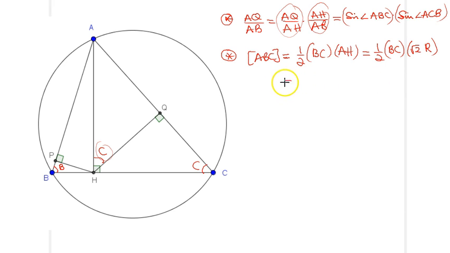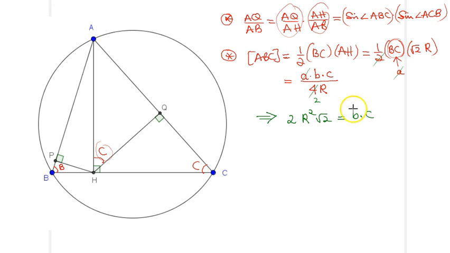Moreover, we can also represent the area of triangle ABC as A times B times C over 4R. Notice that side length BC is simply equal to A. Now I will cancel out some stuff. Obviously the 4 and 2 will cancel out. Ultimately this will lead to our first result, 2 times R squared times √2 is equal to B times C. So let's call this 1.